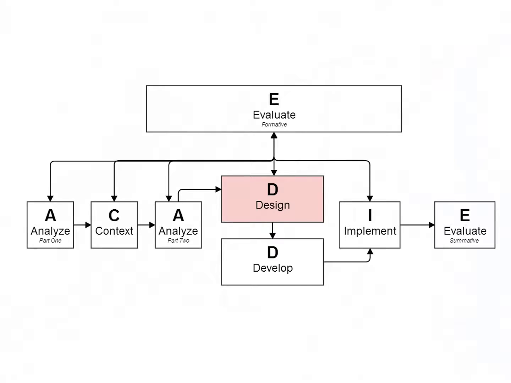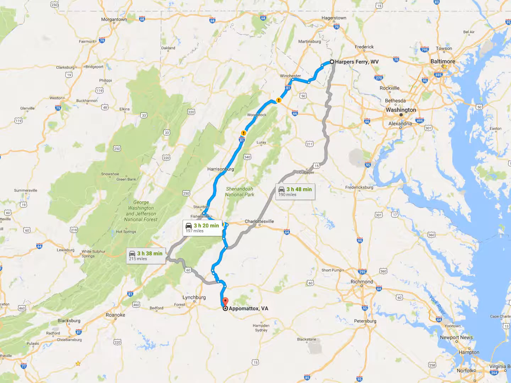So, objectives are the roadmap on the journey. If you're heading out on a long journey and you know that you have a destination in mind, then having a clear roadmap in terms of getting from point A to point B is really important.